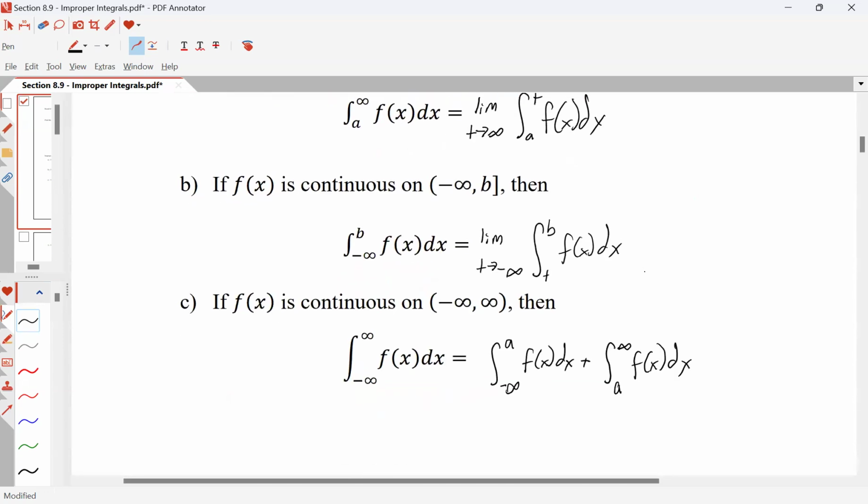Now we have a lower bound of infinity that we can evaluate, and we have an upper bound of infinity.